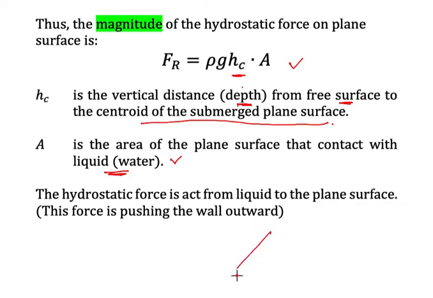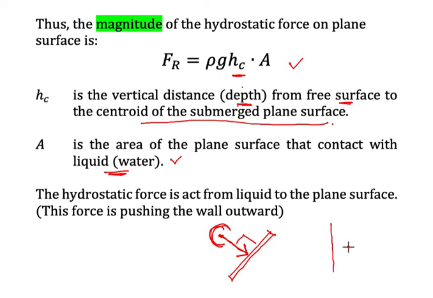So if you want to draw a free body diagram, you need to draw the force going outward from the water like this. The resultant force needs to be drawn perpendicular to the surface. If the surface is inclined like this, you need to draw the arrow like this.